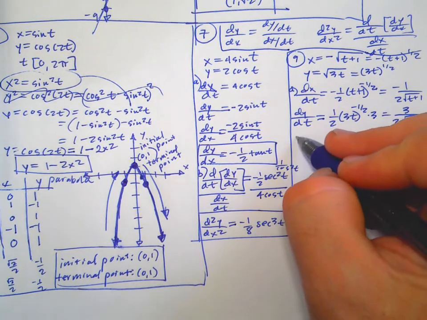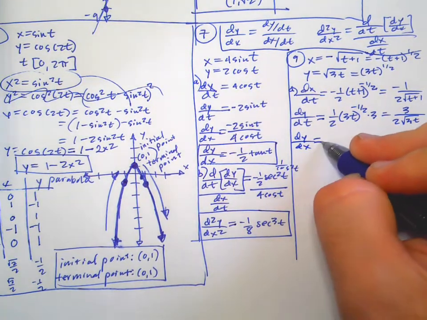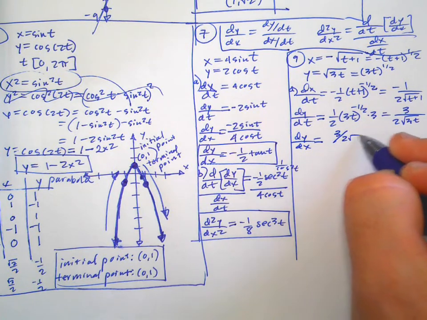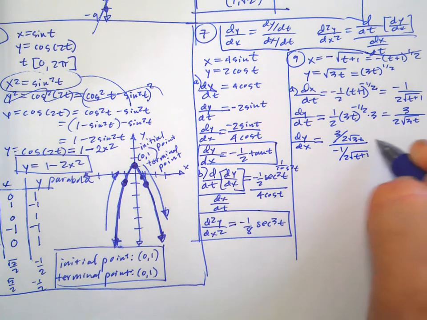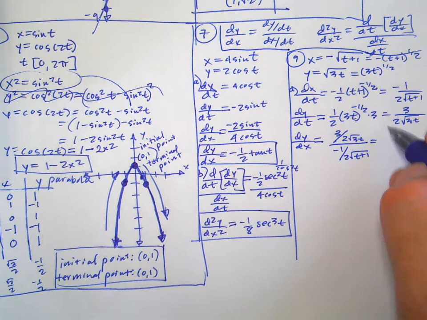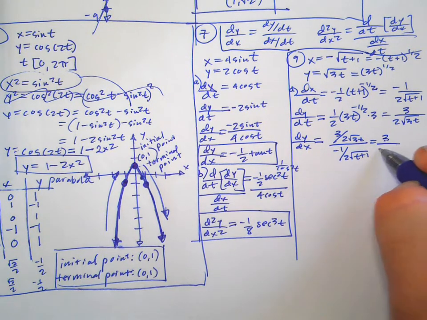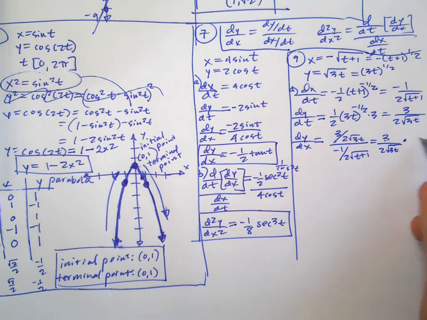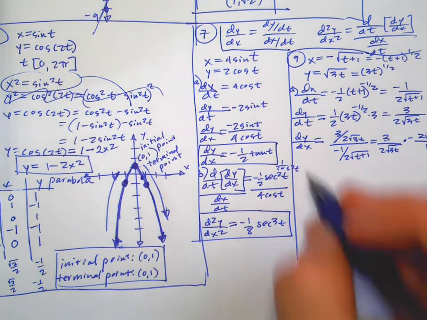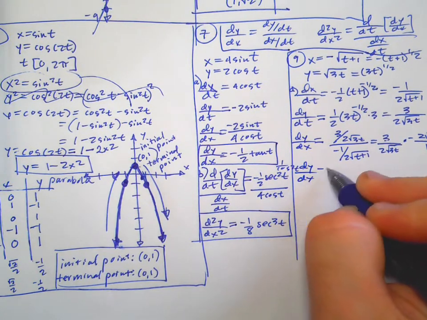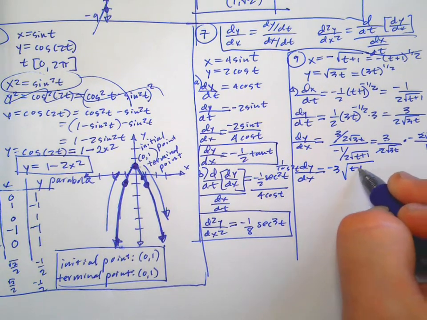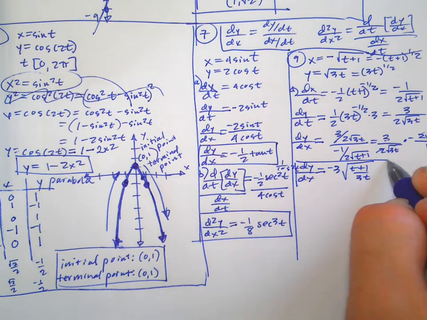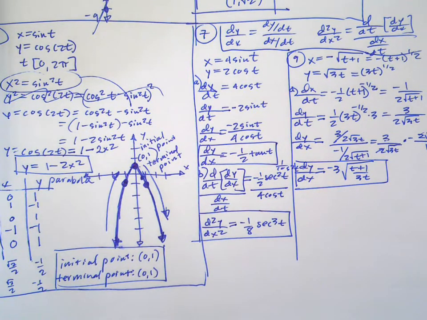So dy/dx is going to be dy/dt over dx/dt. Clean this up. Multiply by the reciprocal, so dy/dx equals, 2's cancel, negative 3 square root of t plus 1 over 3t. Or some version of that.